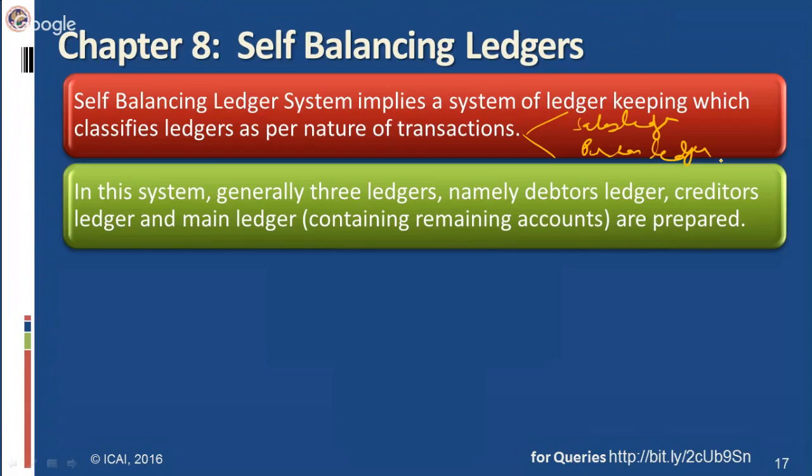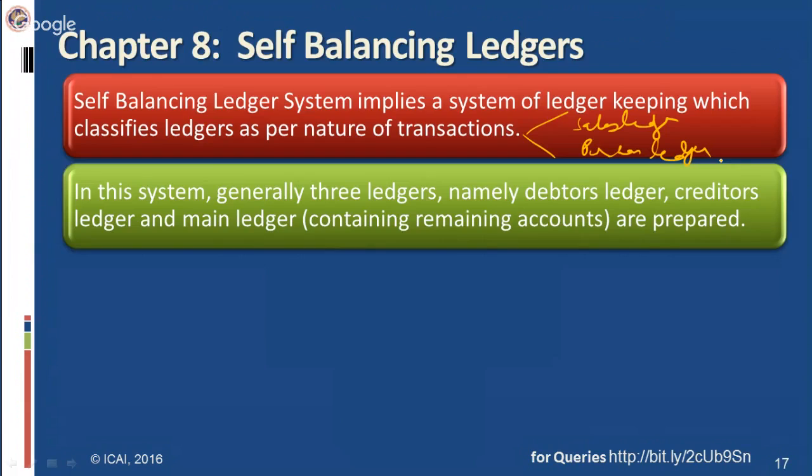The significance of the chapter will be understood only when the student knows how to prepare the accounts manually, only then can he go for the software. In software, this entire ledger keeping is automatically taken care of. We are not required to do it manually, but we are doing it manually only for the purpose of making it more understandable. Now, what happens in this system?